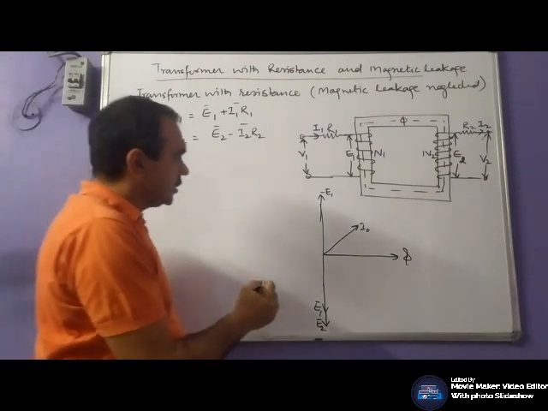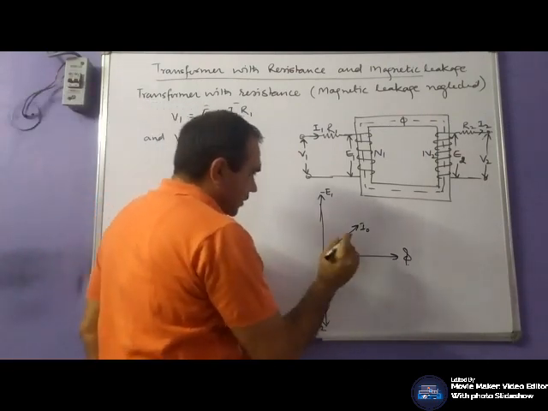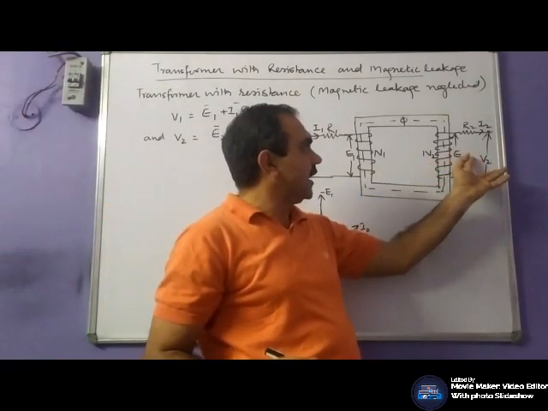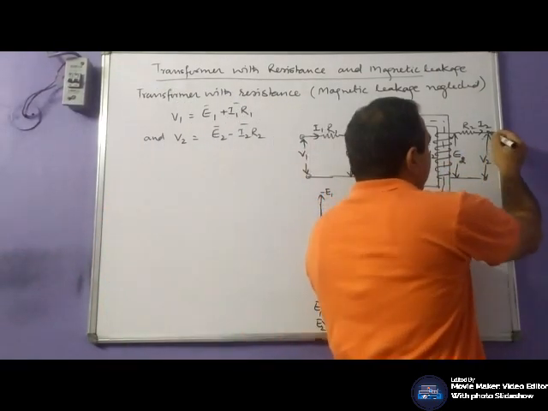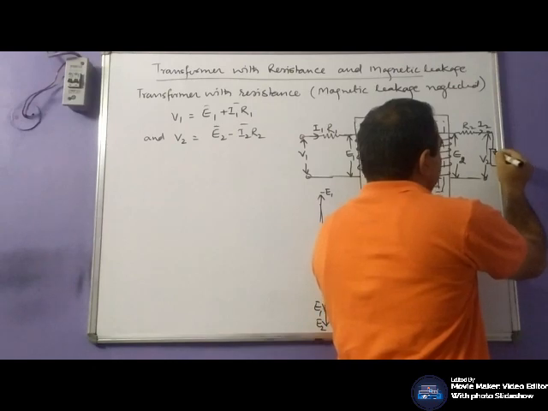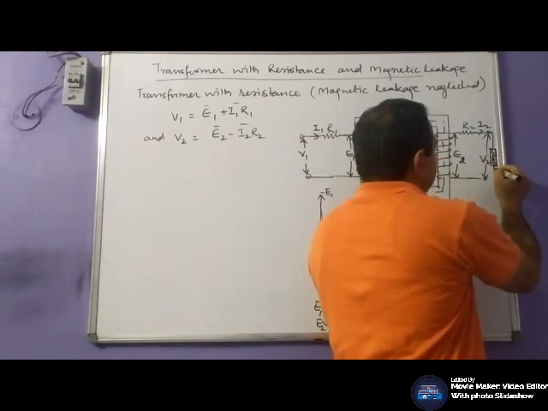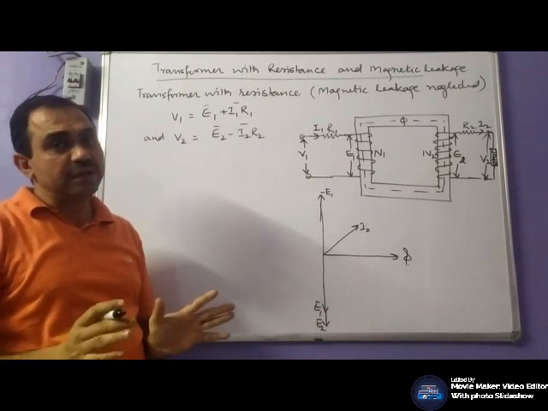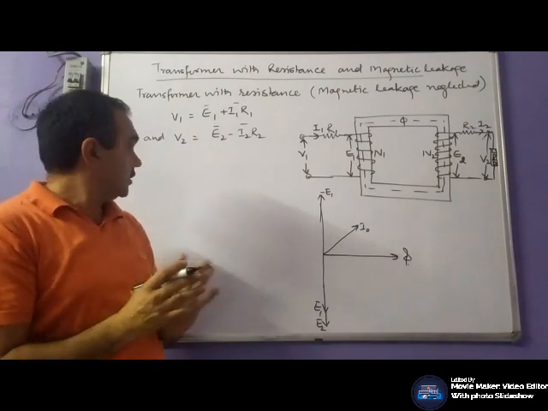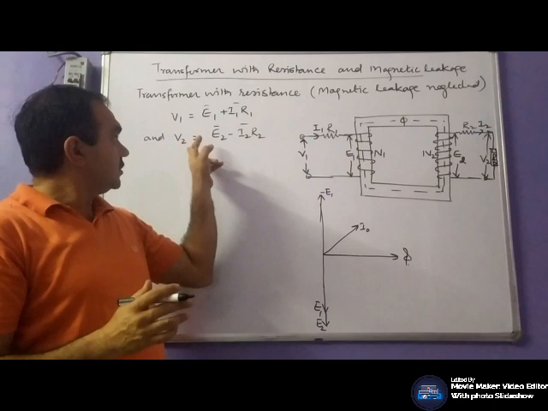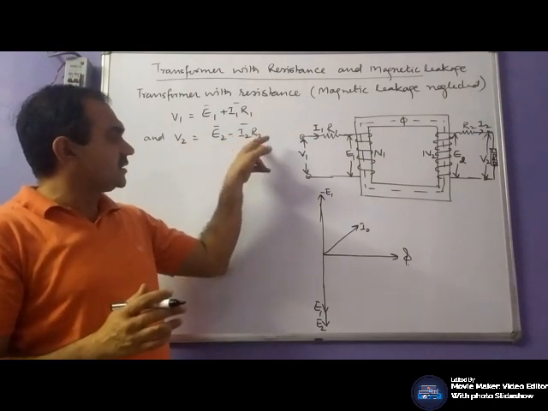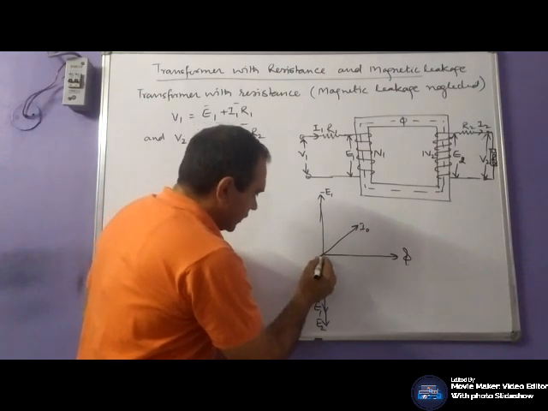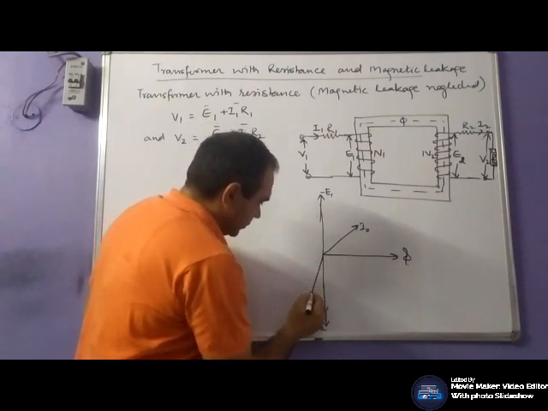For example, let us start with the secondary side and assume that the load is a pure resistive load. In a pure resistive load, voltage and current would be in the same phase. Also V2 is E2 minus I2 R2. Let this be V2.